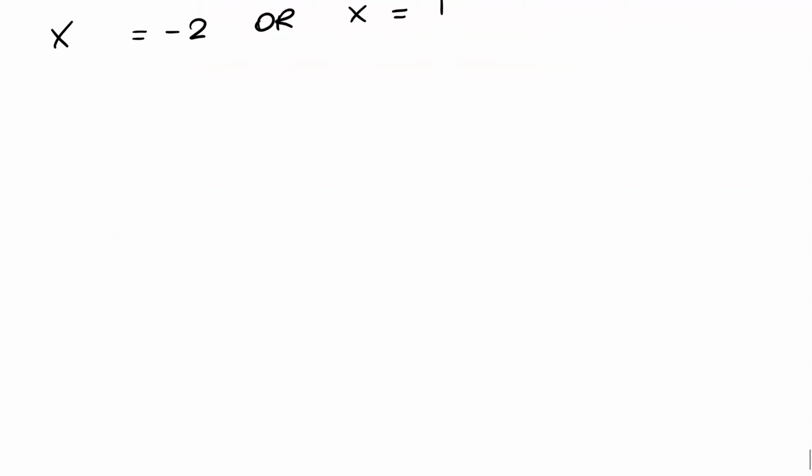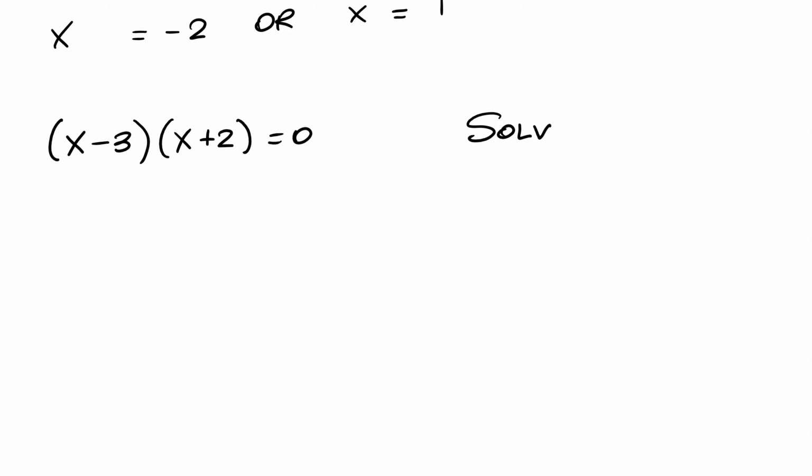Now, sometimes you might get an expression that's already in brackets. It's already factorized. You might get x minus 3, x plus 2 equals 0. And whenever you see this word solve, don't expand it again. You can just make each bracket equal to 0, or x plus 2 equals 0, and you solve for x.